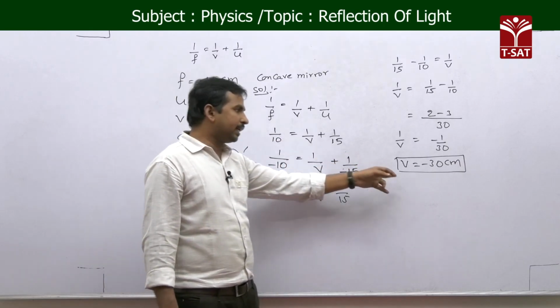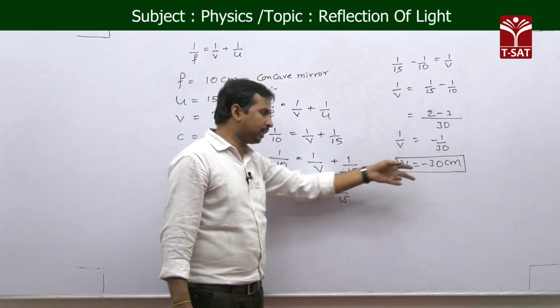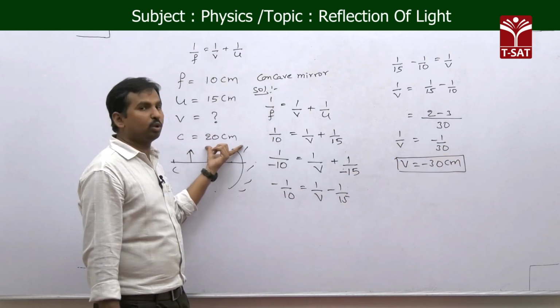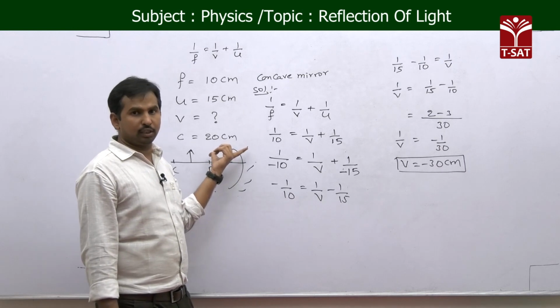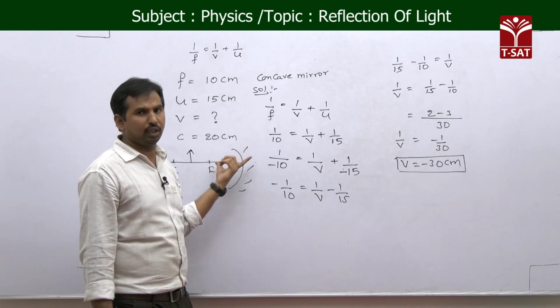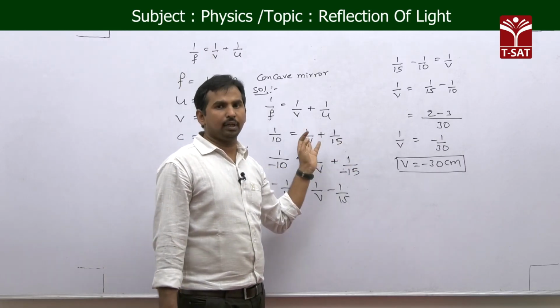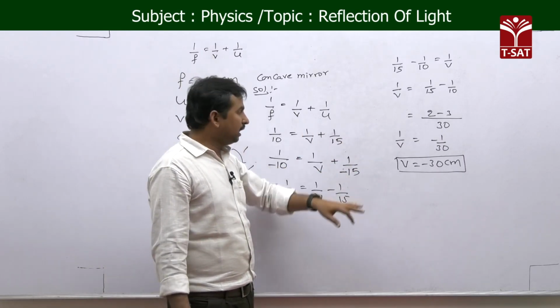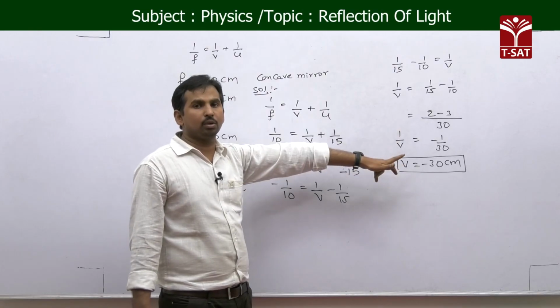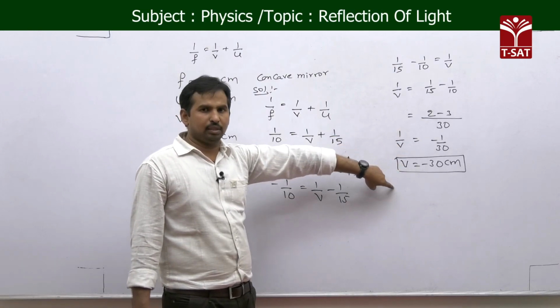That's why here we got an image distance of 30 centimeters, which is more than the center of curvature distance of 20. So the image is formed in between C and infinity, and even by using the ray diagram we can verify our answer.